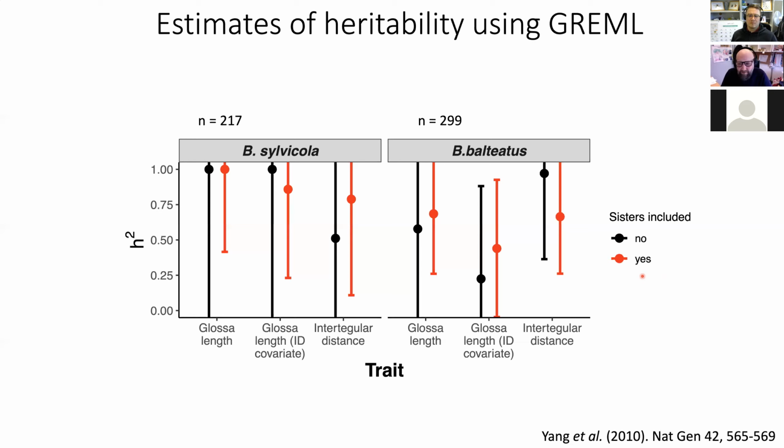So when we exclude those samples, it's harder to detect significant heritability. So the heritability of this tongue length trait seems to still be unclear.